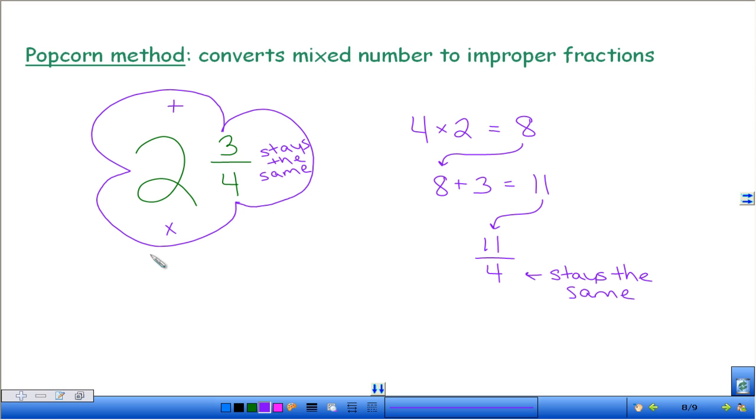So this method converts mixed numbers to improper fractions. So go ahead and write down this as an example, 2 3/4. And I would write it down nice and big, because you're going to have to write some stuff inside the popcorn. So write it down nice and big.